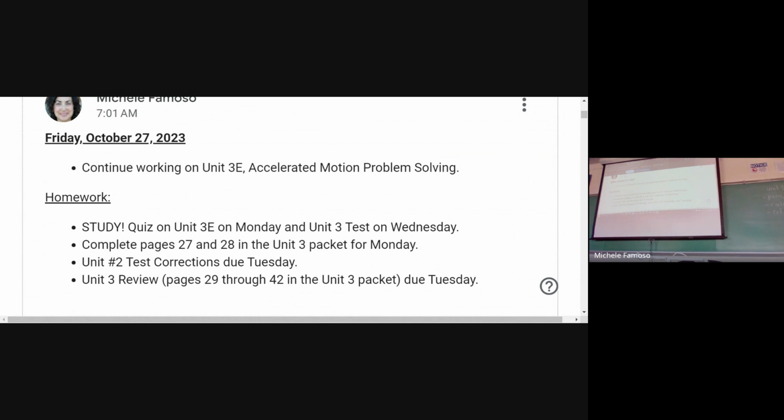Okay, so that is not the equation you plug in. You want to solve for VI. You've solved for VI squared. How do you get VI by itself? Take the square root. So you have to do that first before you do your substitution. It's gonna be VI equals the square root of VF squared minus 280.